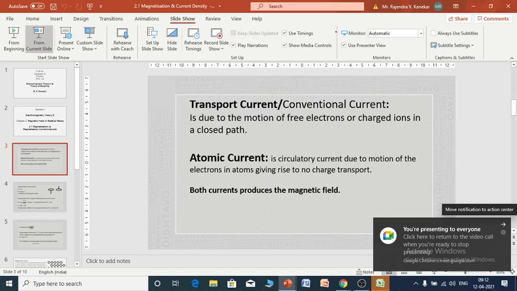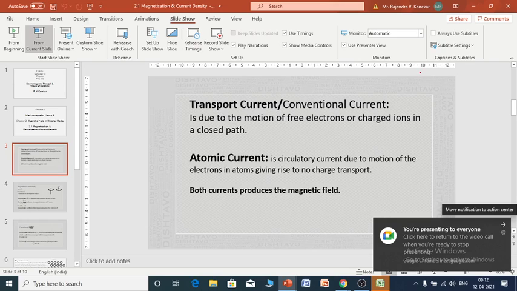At some point, what is the current equivalent to that flowing in a wire? The current here is due to the electrons orbiting on this side as well as on this side. At this point you will find that these electrons are moving up and these electrons are moving down.